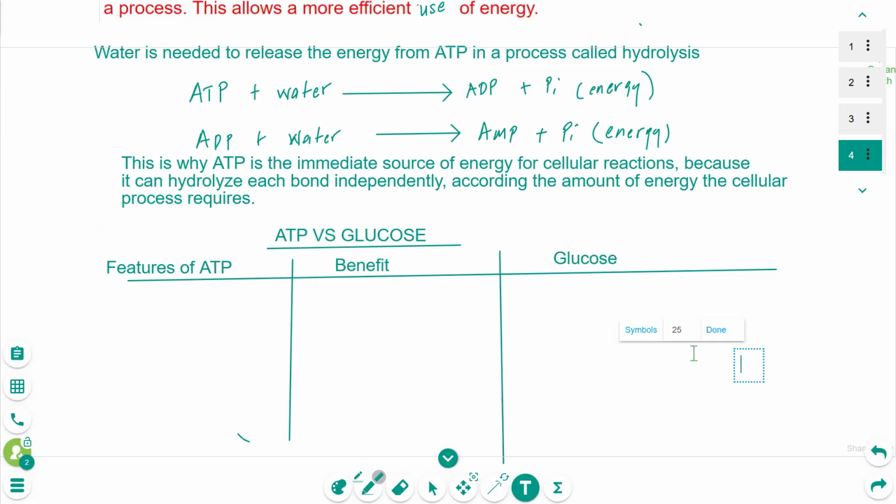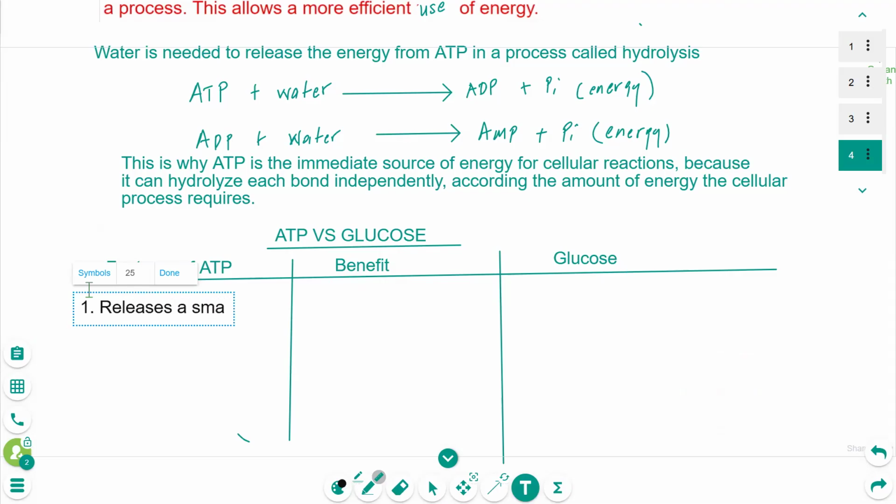The first feature that we will speak about for ATP is that it releases a small amount of energy. In total, it's about 75.8 kilojoules per mole for each molecule.